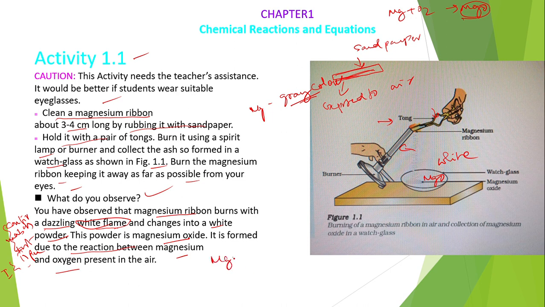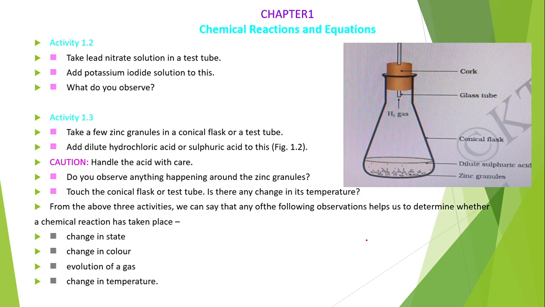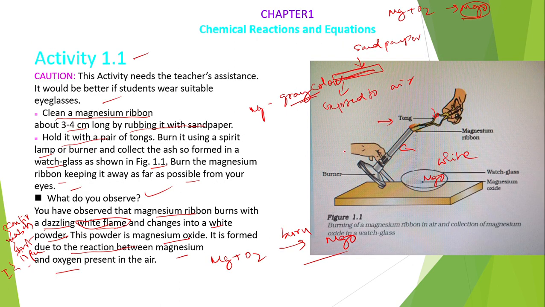So magnesium plus oxygen, burn it, you will get MgO. So this is the reaction. And see here, this is grey color and MgO is white. That means color is changing.